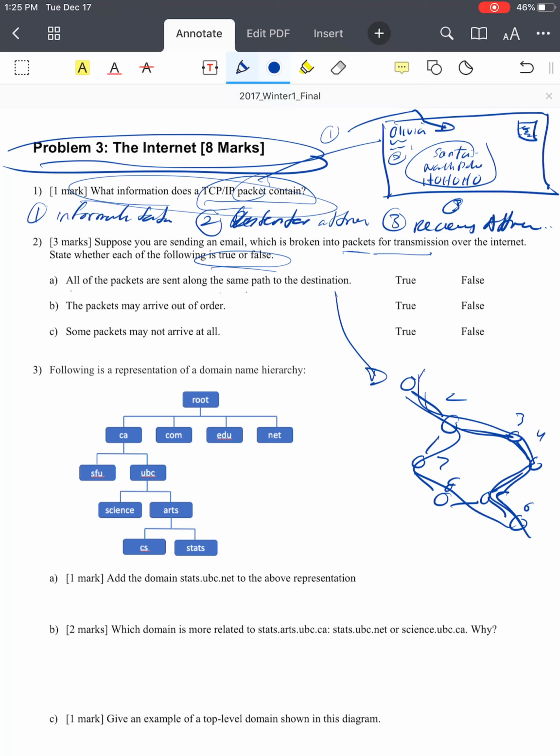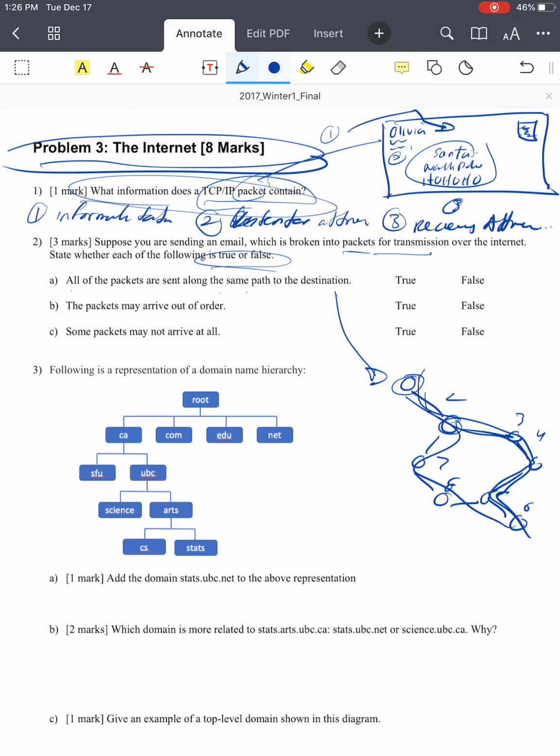You know, what factors might affect it? Just intuitively, you can say there's a lot of ways I can get to a destination, be it through a car, either the highway or the scenic route, or if I was mailing something, it could go through Amazon, FedEx, or UPS. So just intuitively, you should be leaning towards false.